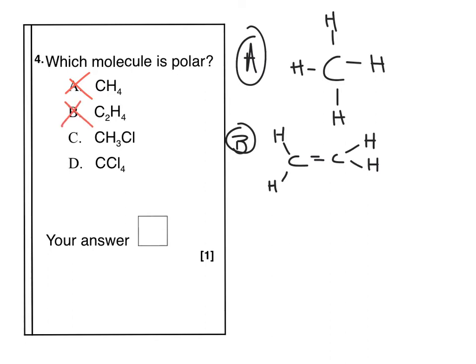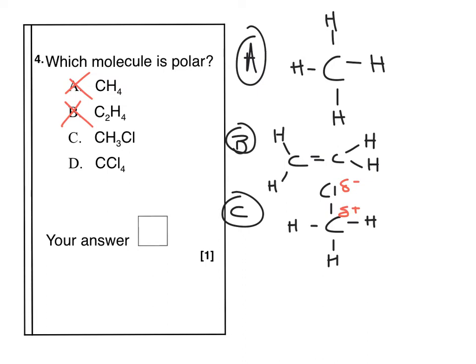C, you have a carbon, 3 hydrogens, and then a chlorine. Now, the difference in electronegativity between the carbons and the hydrogens is the same as it was in A and B. There's no difference, but now you have a delta negative chlorine and a delta positive carbon because the chlorine is more electronegative than carbon.